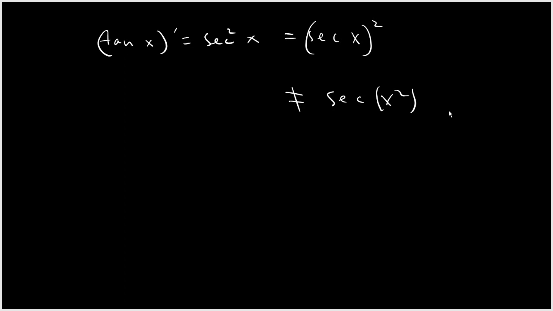So can you see the mouse cursor? This notation means you take secant of x first and then you take the whole thing squared. Again, if you write the little square in here, it means you take secant of x the whole thing squared.